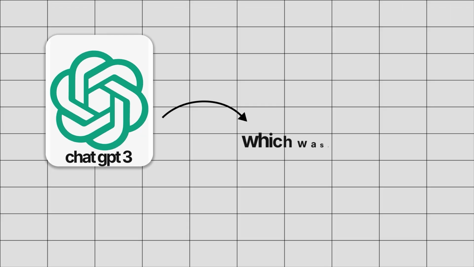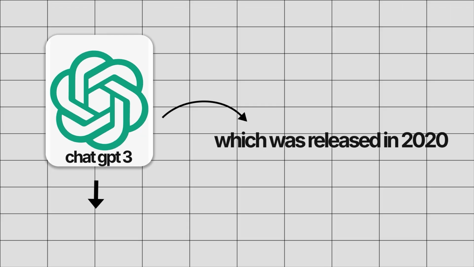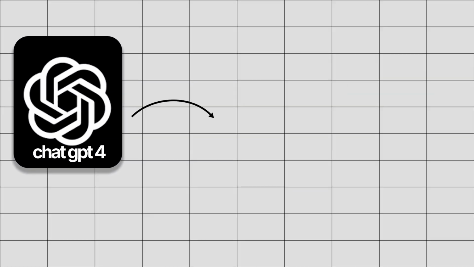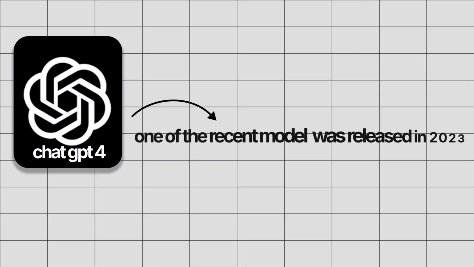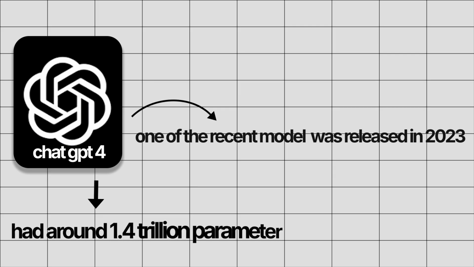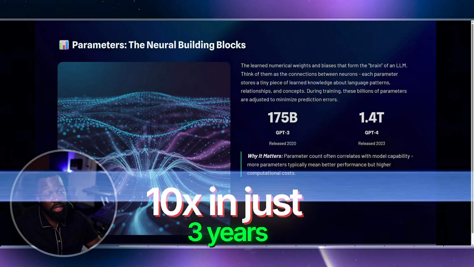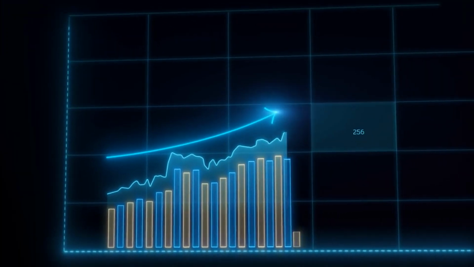ChatGPT-3, which was released in 2020, had around 175 billion parameters, whereas one of the more recent models released in 2023, ChatGPT-4, had 1.4 trillion parameters. That's almost 10x in just 3 years. That gives you an idea of how exponentially these are growing.